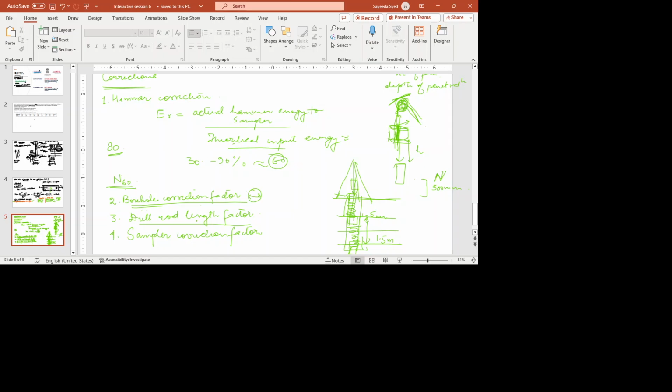The next correction is for the drill rod length, as I said, that the sampler is attached to a drill rod, and for the length of the drill rod, there is this correction. And the sampler correction, as I said, that we use a standard split spoon sampler, but there are some variations. For example, if we are using this split spoon sampler with a liner.